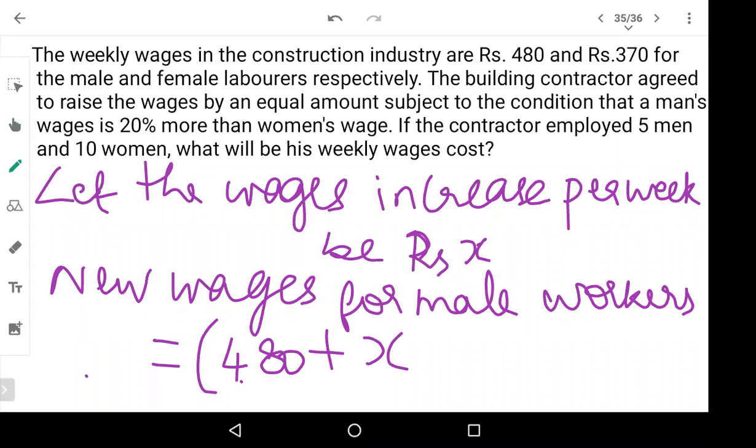So 480 plus X will be given for male workers per week. For 1 week, they'll be giving so much. Did you all understand this concept? New wages for male workers.